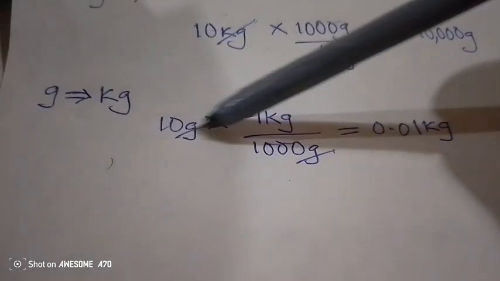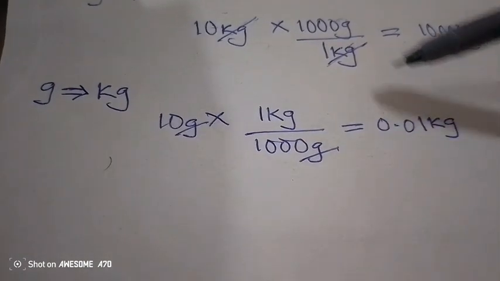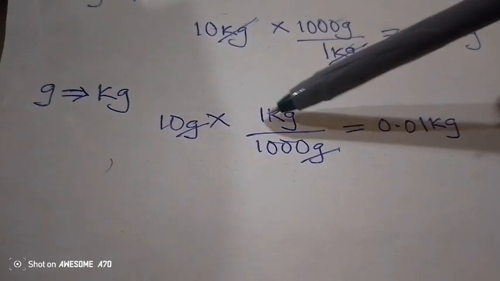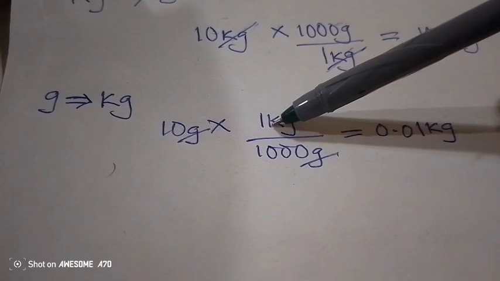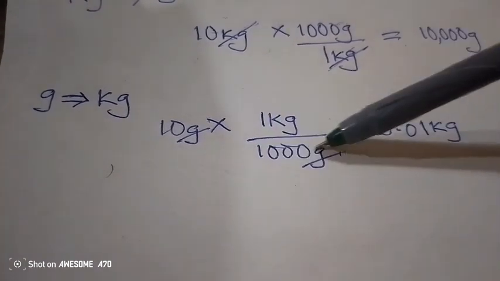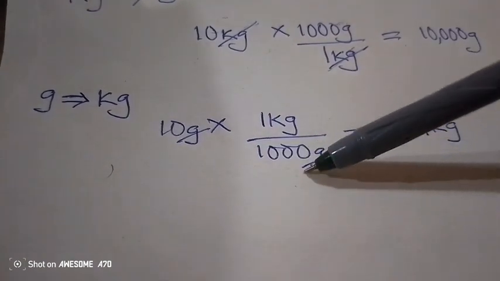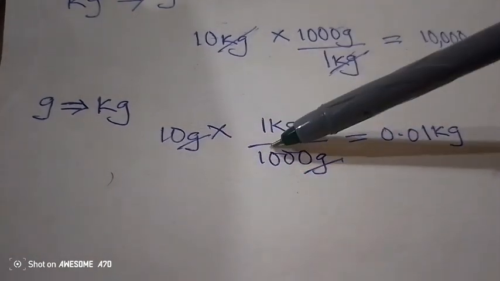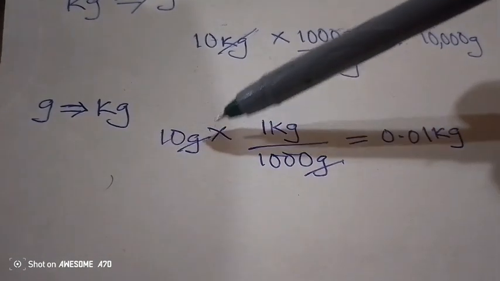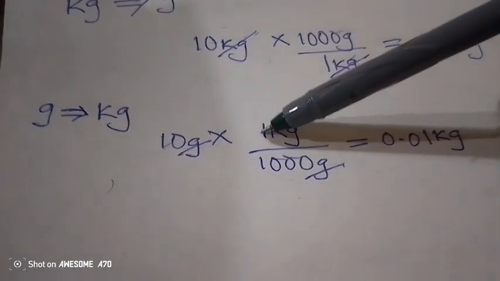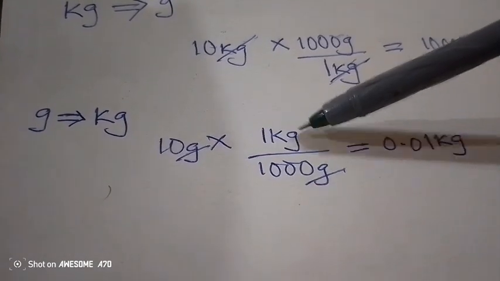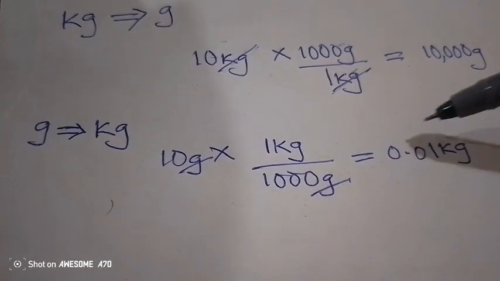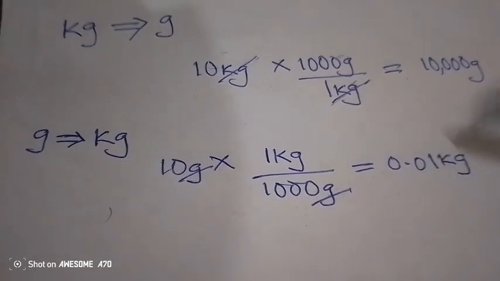Now, in this conversion expression, 10 gram times 1 kilogram over 1000 grams, grams and grams will cancel out. We'll now just have 10 times 1 kilogram over 1000, which will give us 0.01 kilogram.